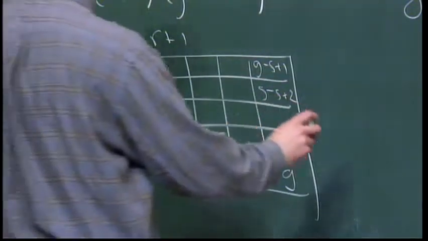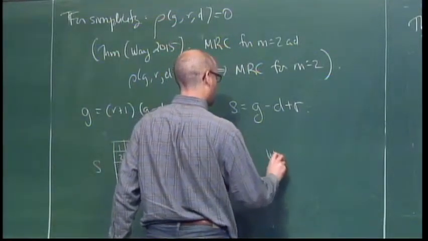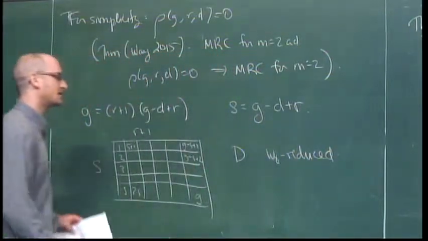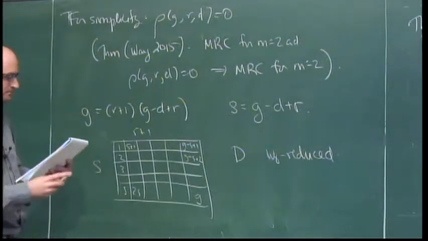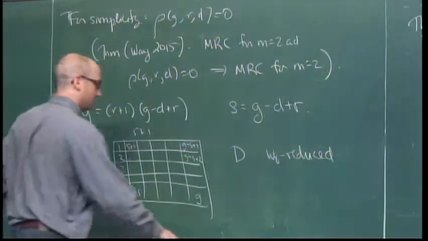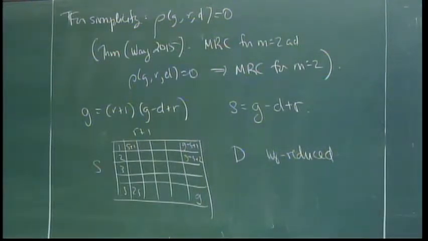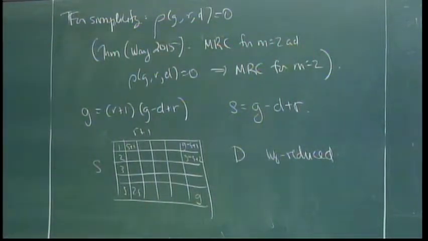So D is going to be W0 reduced. Remember, W0 is the left endpoint corresponding to this tableau. And maybe I should say when rho is 0, all divisors are vertex avoiding. So that's part of what makes rho equals 0 so much easier to work with.